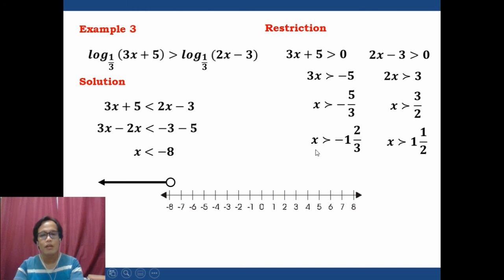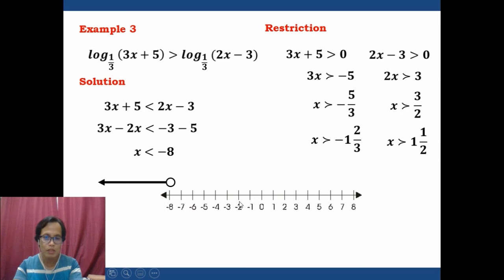Next, x is greater than negative 1 and 2/3. So approximately, this is our negative 1 and 2/3. Our negative 1 and 2/3 is approximately on this point here.